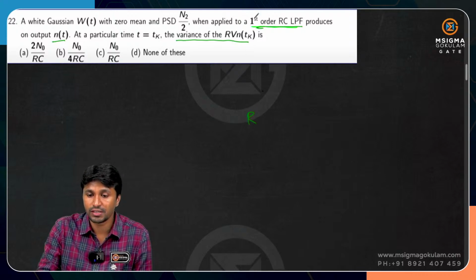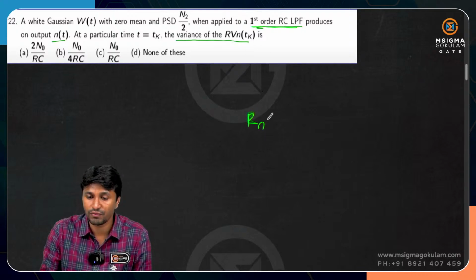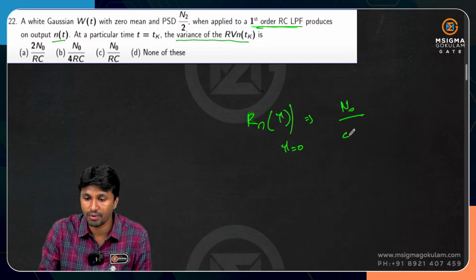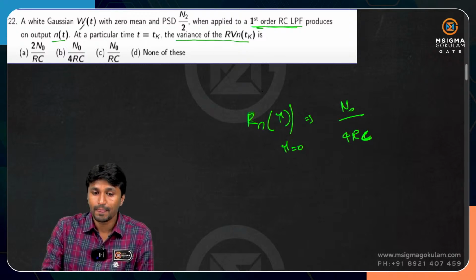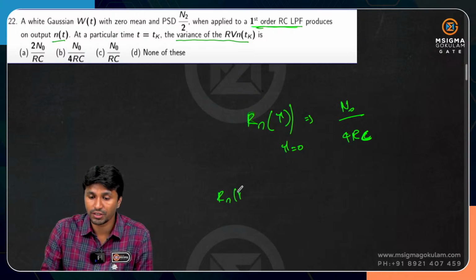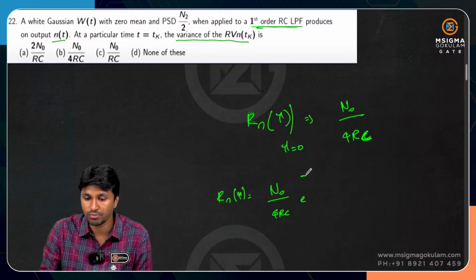Look at this one. This is the autocorrelation function at tau equal to 0, which is n naught by 4 RC. I hope you remember this. When a white Gaussian noise is passed through a first order low pass filter, the autocorrelation function is n naught by 4 RC into e raised to minus tau by RC.